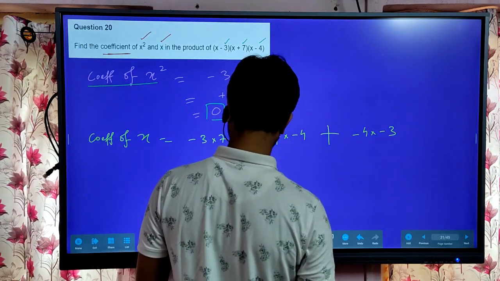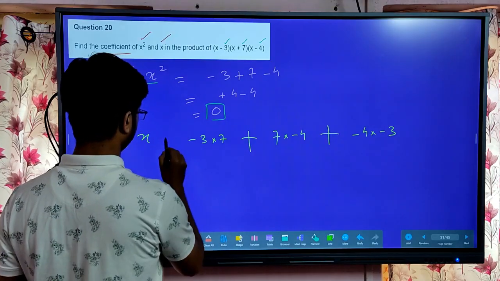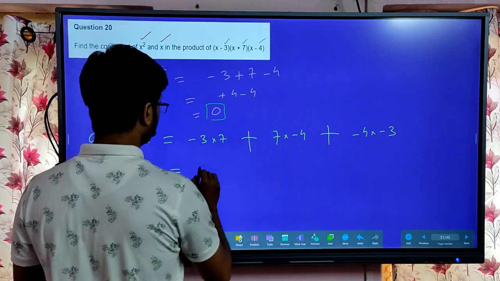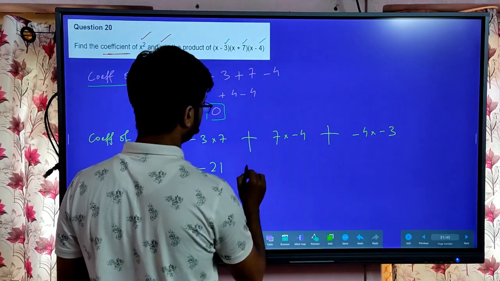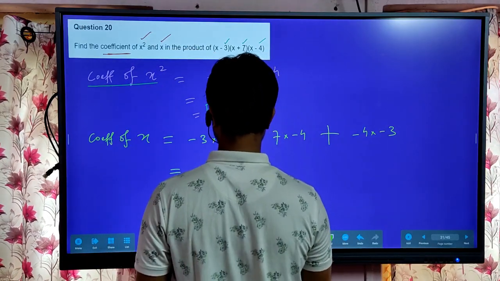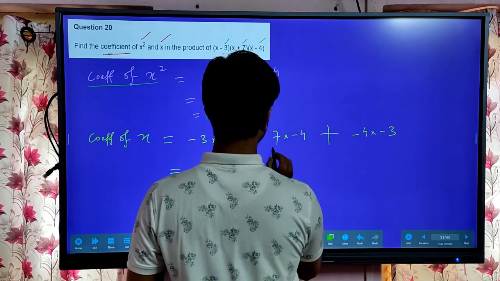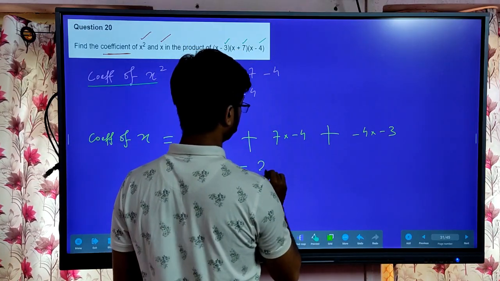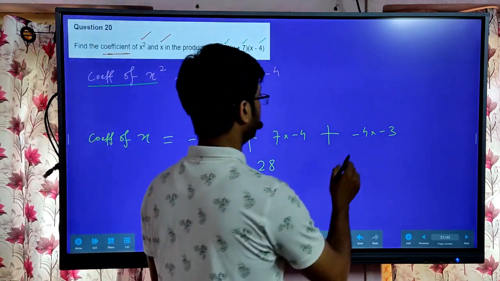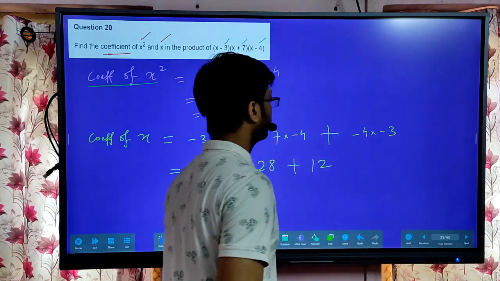So minus 21 plus, so it will be minus 28, and this is minus minus plus, so plus 12.